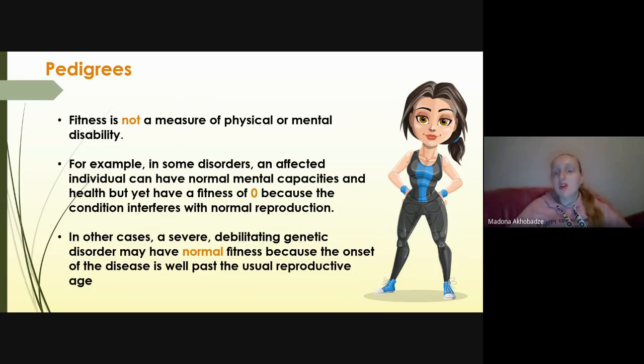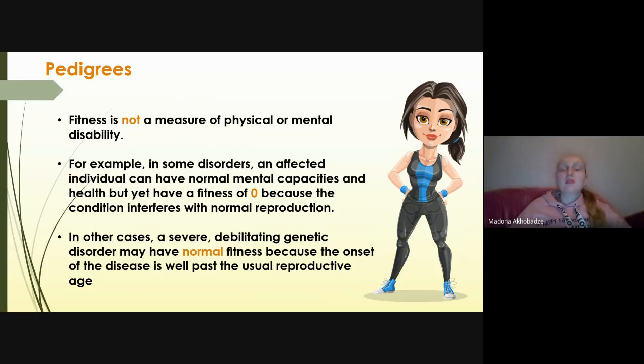Why? Because their reproductive ability is not impaired by the disease, because they are well past the reproductive age when the disease starts, like in their 60s, 70s, and 80s. Okay, when they already have children and even grandchildren. So the fitness of Alzheimer's disease is 100%.